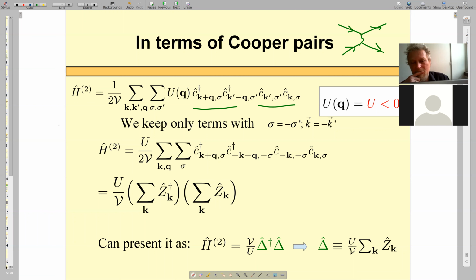So we keep only terms where these momenta are opposite. So that would be K and that would be minus K. So the total momentum of two electrons is zero. We keep only these terms. And right, we also take opposite spin.